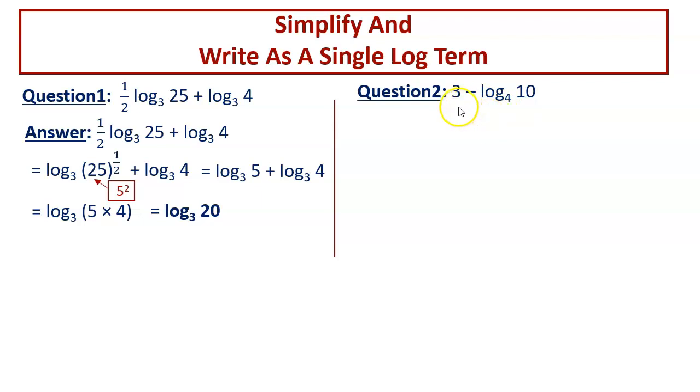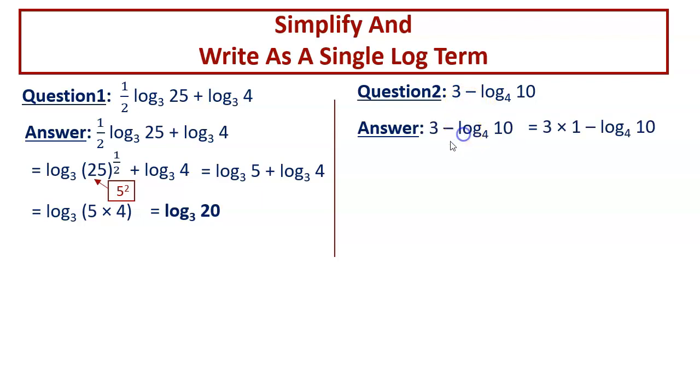So we have to write this number 3 in the form of some log term. We have to write some log term which is not visible in this term 3, but we have to make it visible. How do we do that?